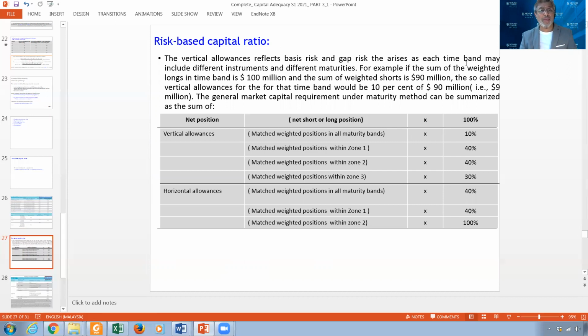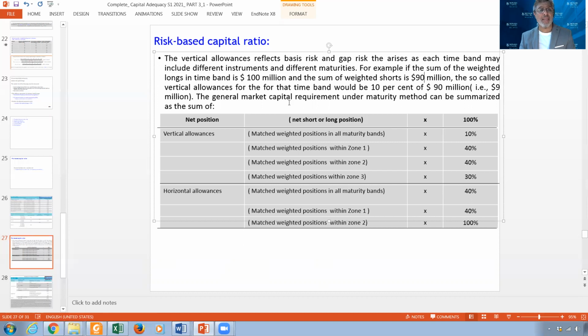So you keep calculating those. So assuming that you have a long in any time band of 100, and the risk weight of the short is 90, the so-called vertical disallowance for that time band would be 10% of the 90, which is actually your shorts.